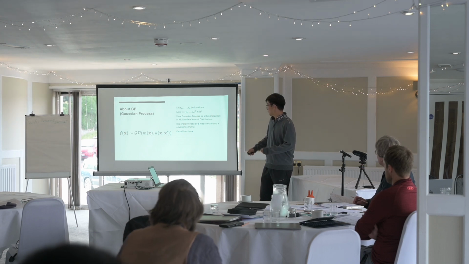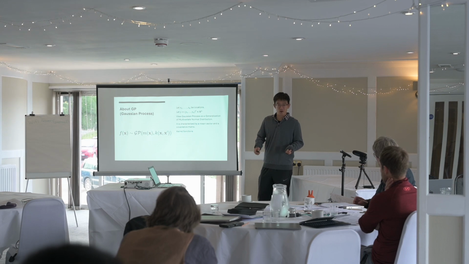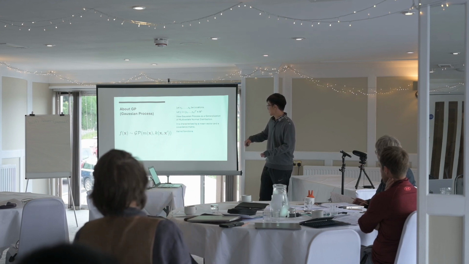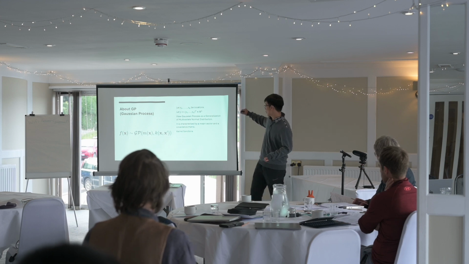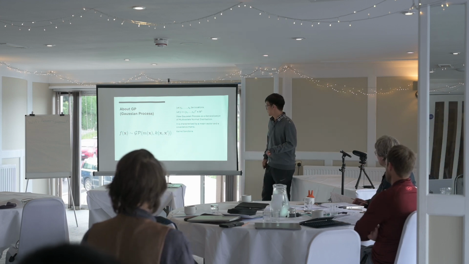Instead of defining a distribution over a fixed number of variables, in a Gaussian process you define a distribution over functions. You can think of it as a collection of random variables. So you can view the Gaussian process as a generalization of the multivariate normal distribution, and each y element follows a univariate normal distribution.